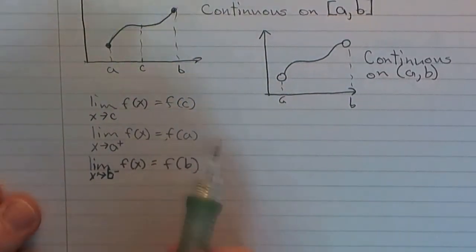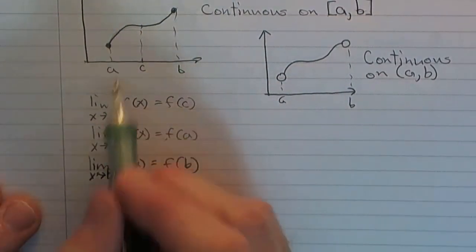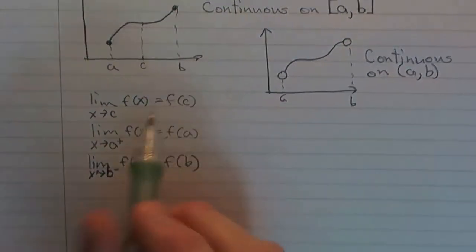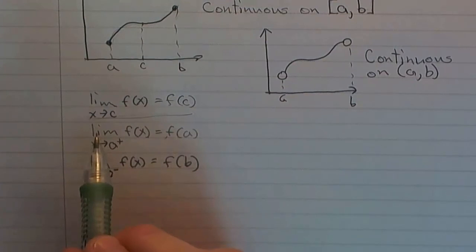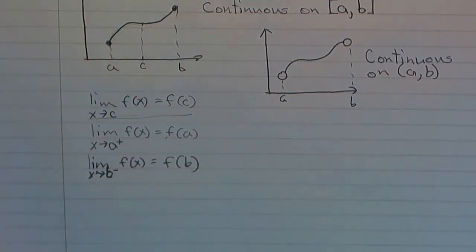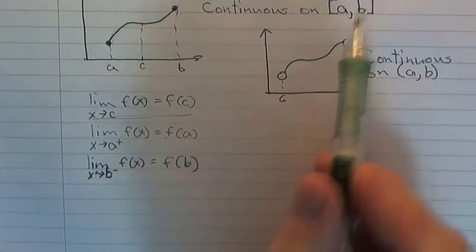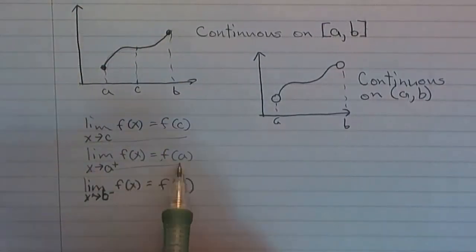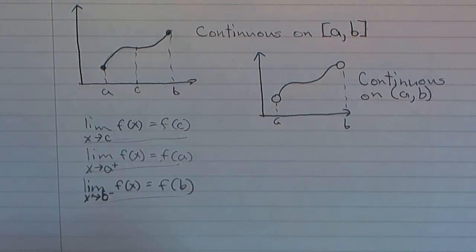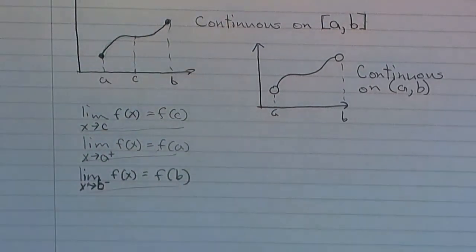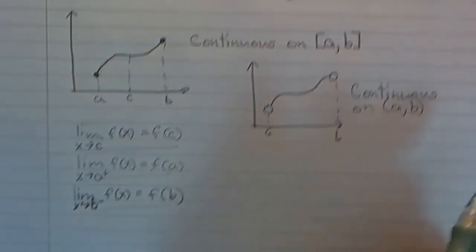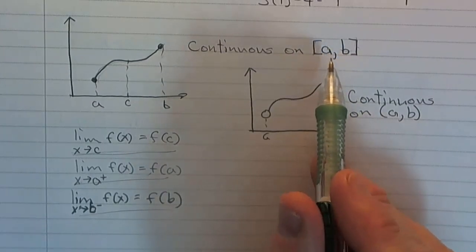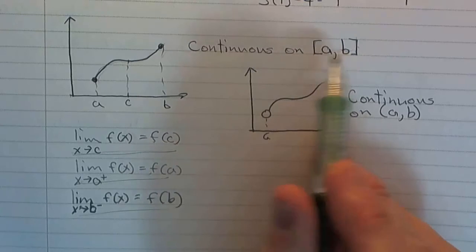So here's what we have. You have continuity at every point between a and b on the open interval, if this is true. Now, if you want to say it's also continuous on the closed interval, that means you're including the endpoints. That means, additionally, this condition is true and this condition is true. So there you have continuity on the closed interval. If you have continuity in a closed interval, it means you have continuity in the open interval plus continuity at the endpoints.